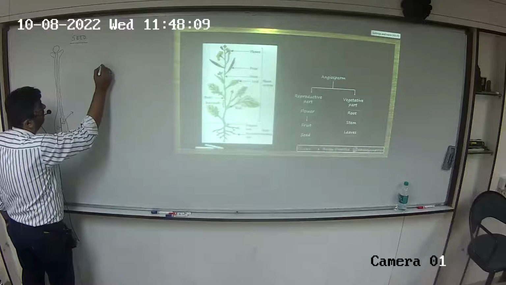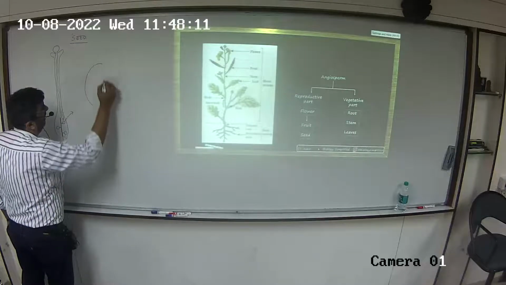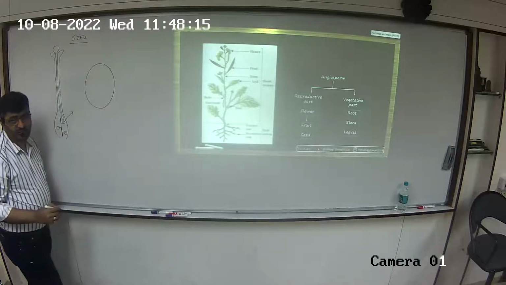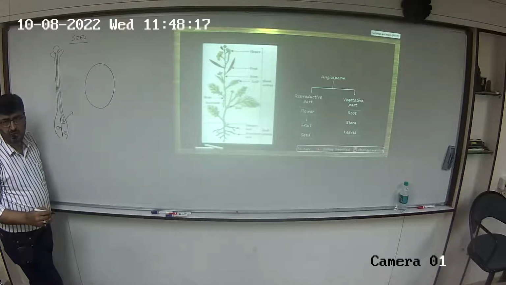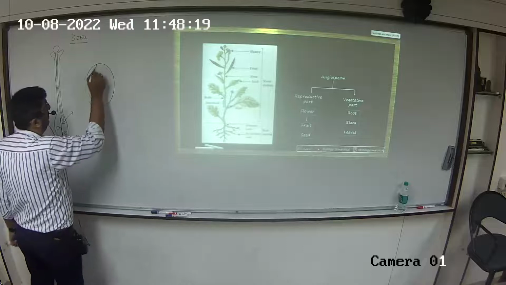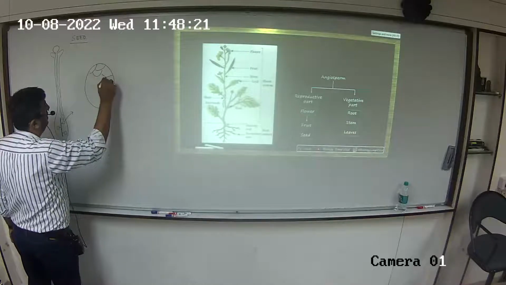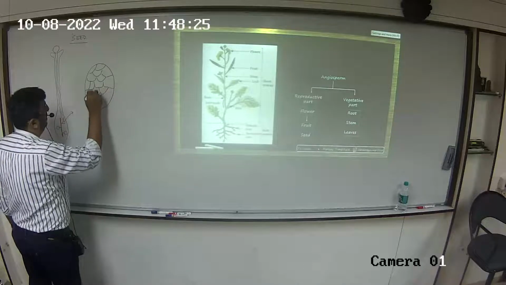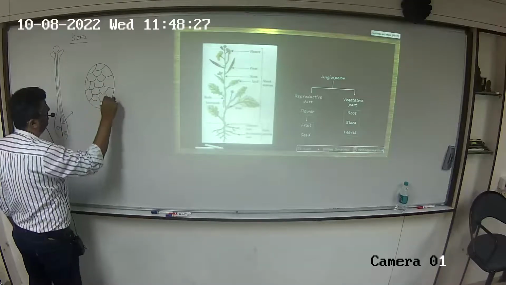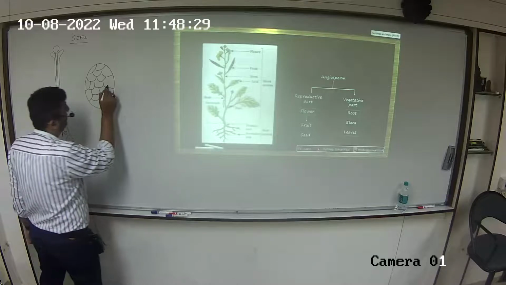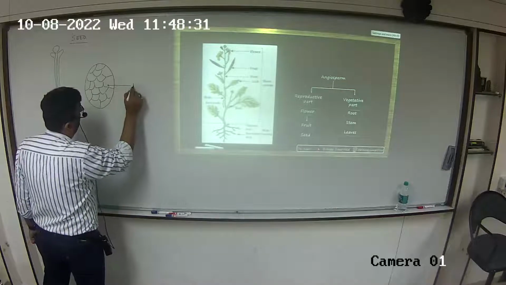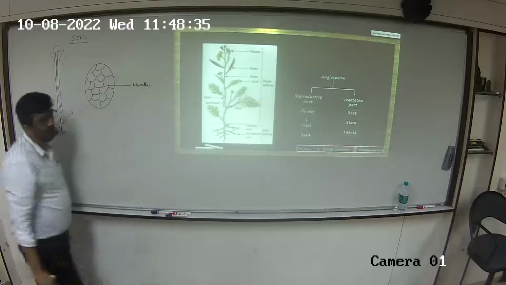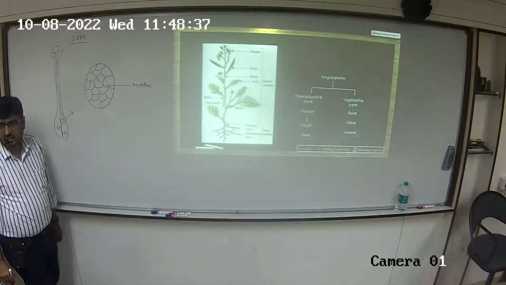Ovule has a central mass of cells, a ball of cells, central mass of cells. This central mass of cells is called as nucellus.